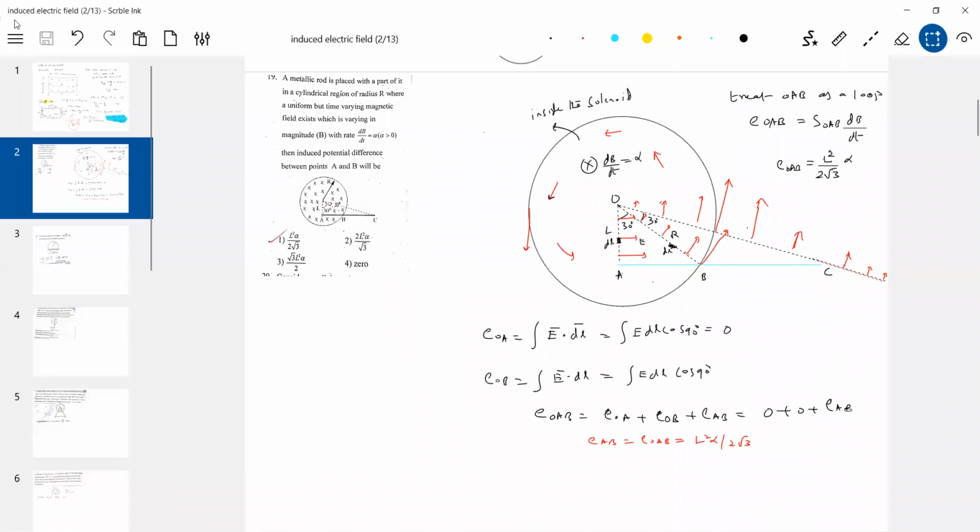We are now taking the total triangle OAC. So what will the formula be? E_ABC, this has to be determined. For that, what I do is E_OA plus E_ABC plus E_OC should be equal to E_OABCO. But this is equal to 0. Any reason? And E_OC will be 0 because everywhere E bar is perpendicular to dl.